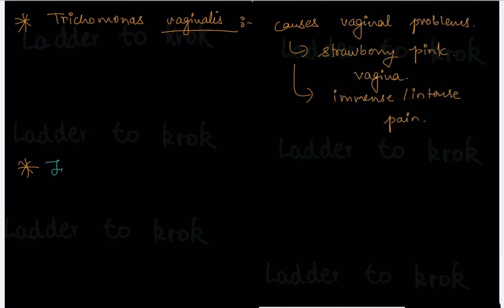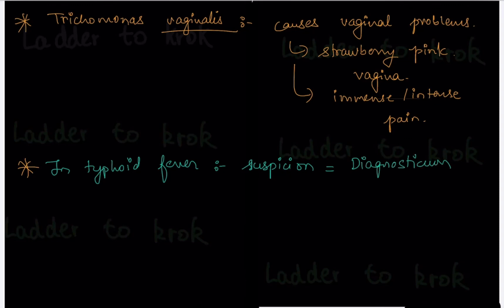So in typhoid fever, write down this point. If we are suspicious, so in case of suspicion, we are going to do a diagnosticum test. Okay, the test is known as diagnosticum. It is not a diagnostic test, it is a diagnosticum test. Okay, please remember this. Now, to be exact, which diagnosticum test?